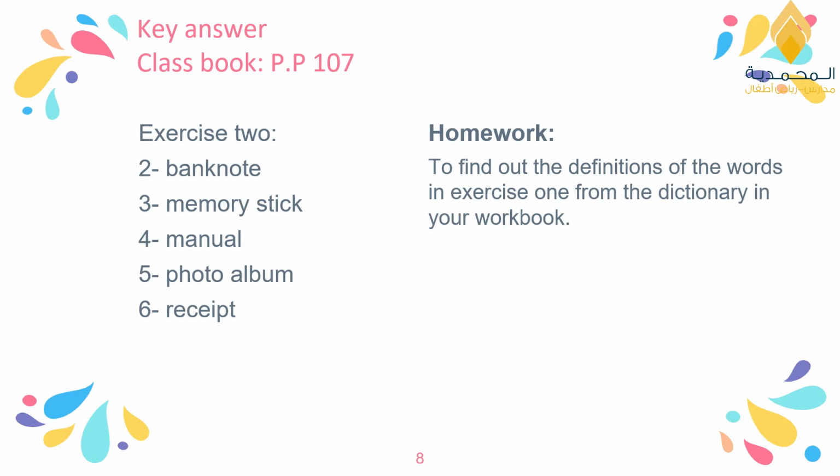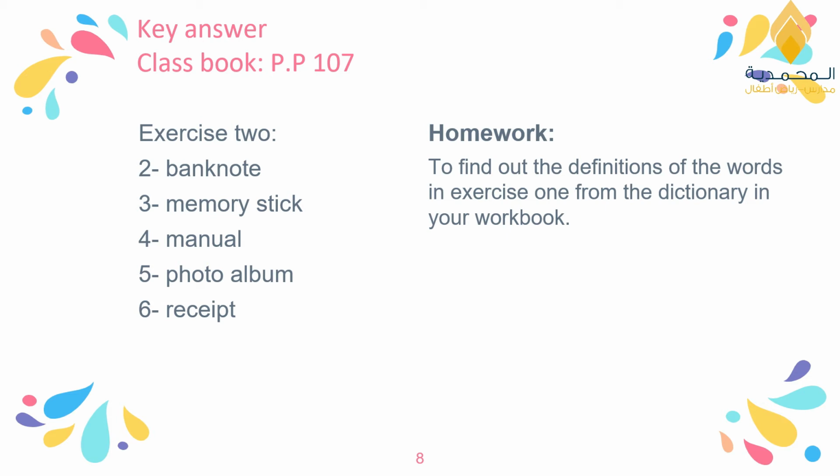Now let's move to exercise number 2. Write the words. Number 1. You can write about your life in a diary. 2. A banknote is paper money. 3. You can store information on a memory stick. 4.